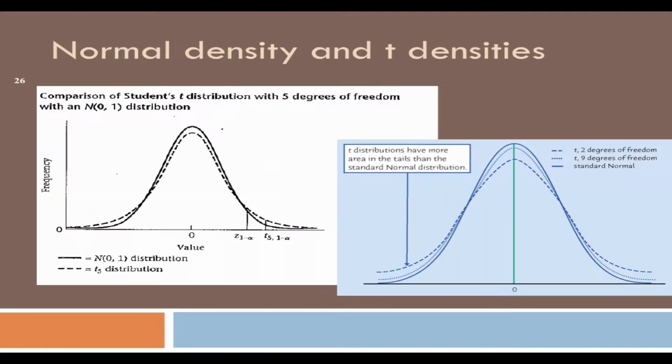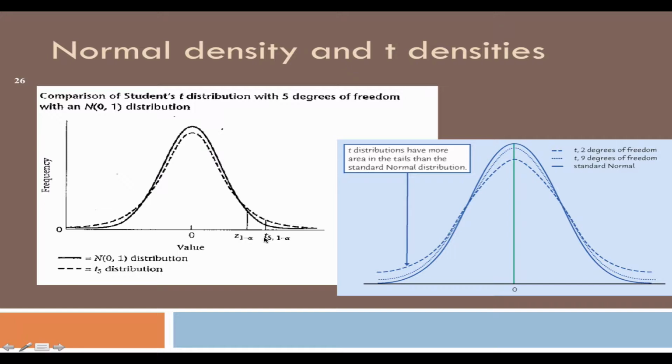If you want to intuitively understand those numbers, remember the t-distribution has a heavier tail, so it has heavier density on the tail. That means for the same 0.025 alpha area, if it's a heavier tail, you would need a bigger quantile here to achieve the same alpha.